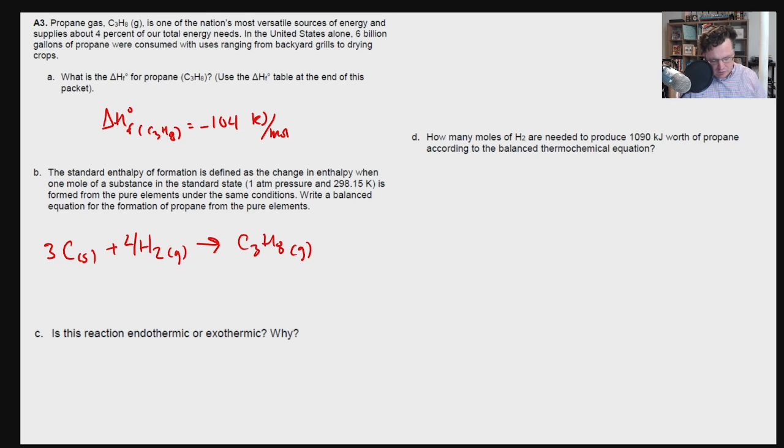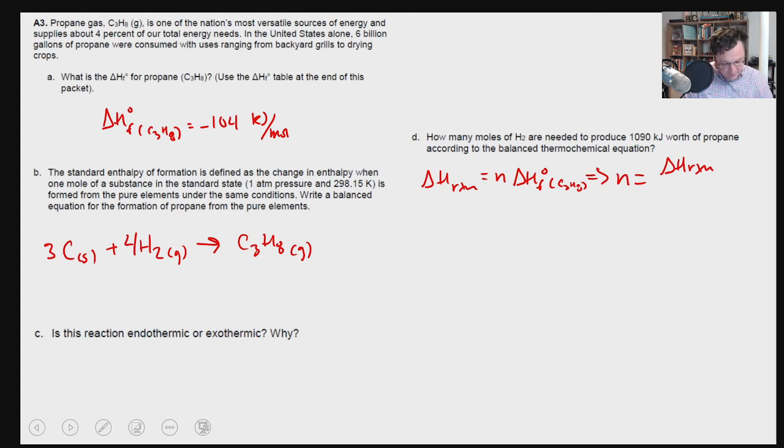So the first thing that we want to do is figure out, we have this equation where the delta H of the reaction is equal to the number of moles of propane times the delta H of formation of the propane. If we rearrange that equation, we get n is equal to the delta H of the reaction divided by delta H_f of propane.